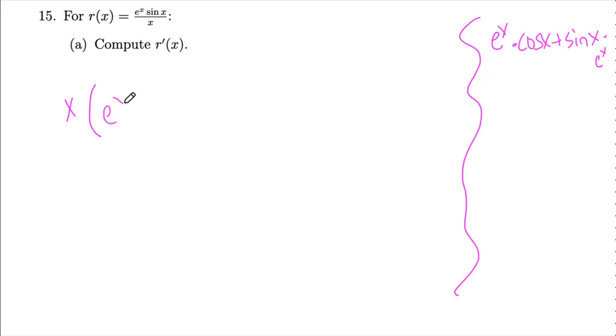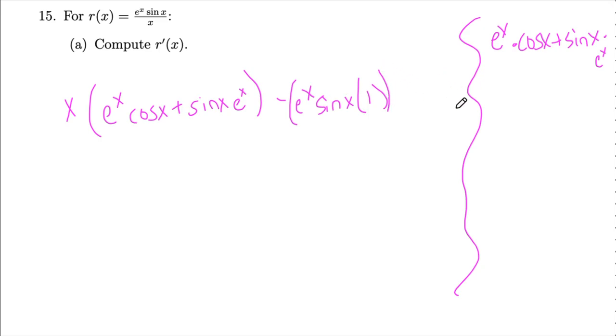So we're going to get e to the x cosine x plus sine x times e to the x. All right, so we just did low d high minus high times the derivative of the denominator, which is just 1. And I should put parentheses there like so. And then this is all going to be over low squared, or just x squared.